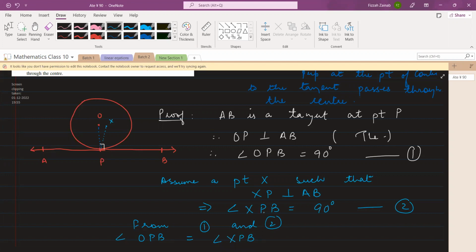See this angle and this angle. I am saying they are both equal. So this is only possible when XP is actually passing through the center, isn't it? So that means any perpendicular to the tangent has to pass through the center. Understand?